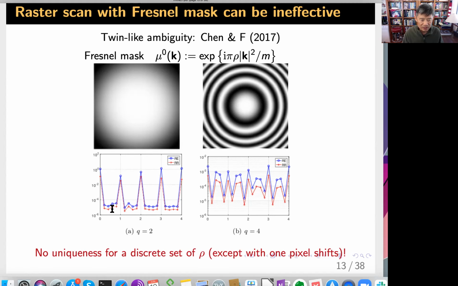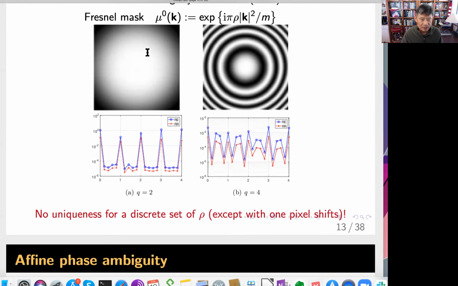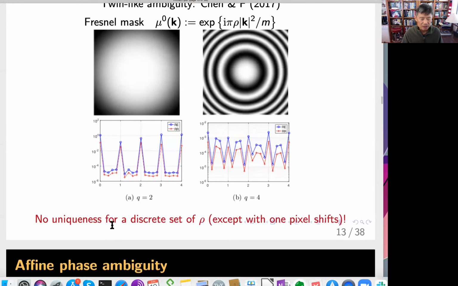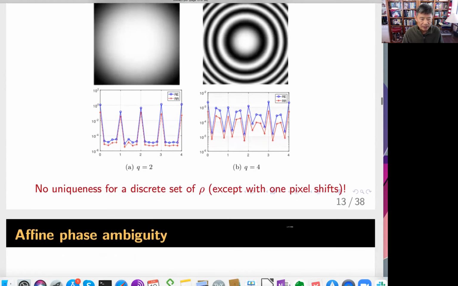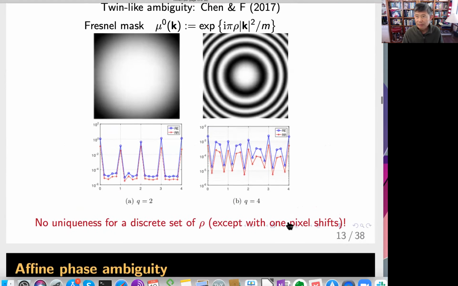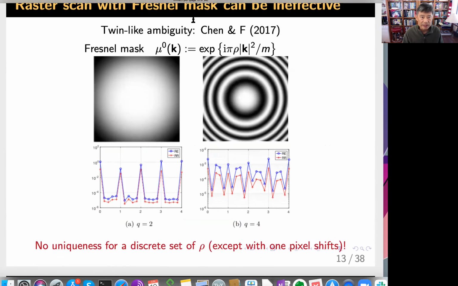If you stay outside of that integer or its neighborhood, then you will get much better reconstruction. This is a different number of probes. Similar phenomena happen. So you can show that for that kind of mask, no uniqueness, right? When rho belongs to a discrete set of values, except in the case of 1 pixel shifts, like in the case that I previously mentioned. So that tells you what? The mask is very important. You have to pay attention to your mask.